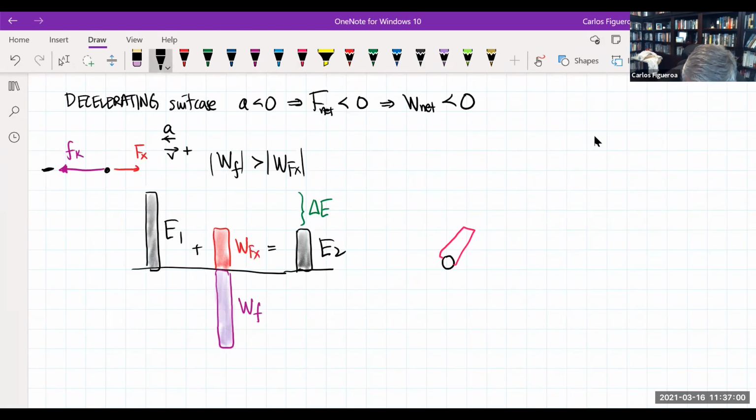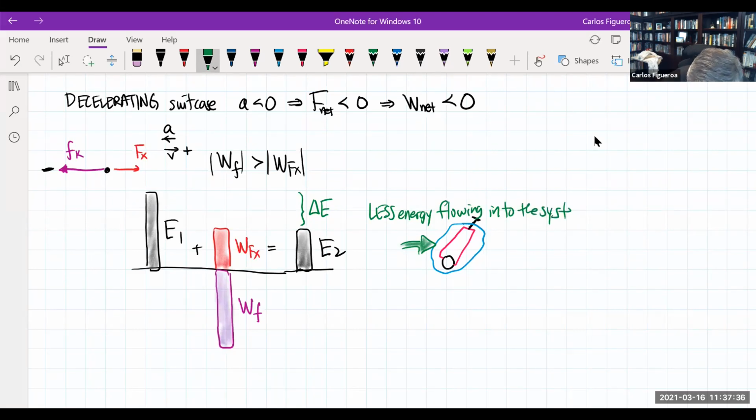Of course, this is my system, and in this scenario there is less energy flowing into the system.